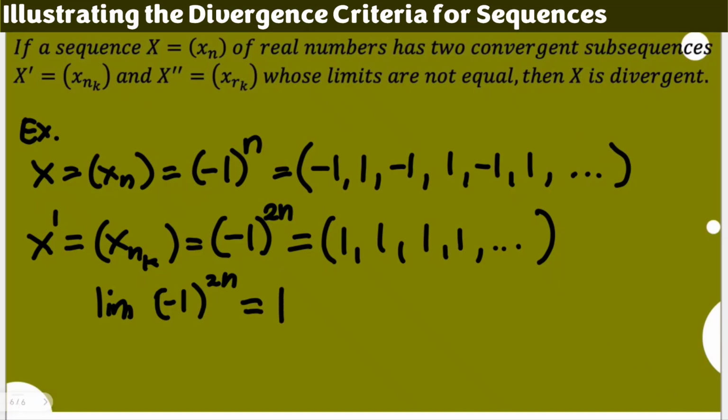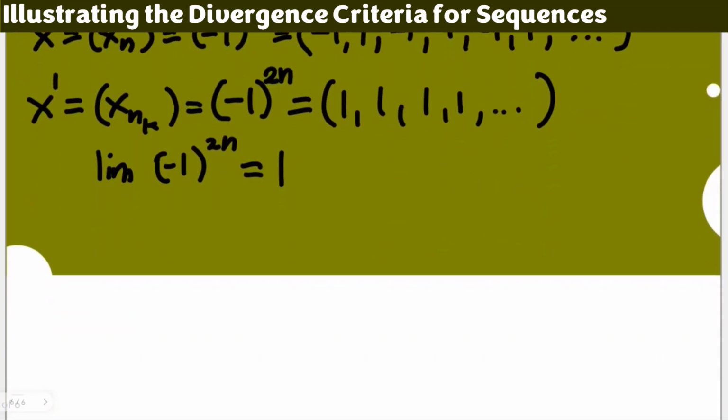So that is the limit of the first subsequence. If we have another subsequence, let's say x sub r sub k is denoted as -1 raised to the power of 2n minus 1.